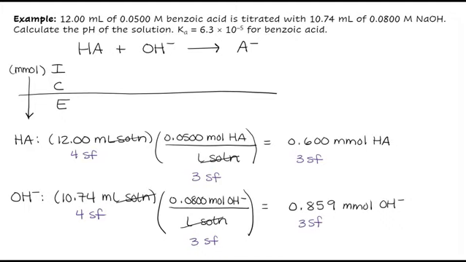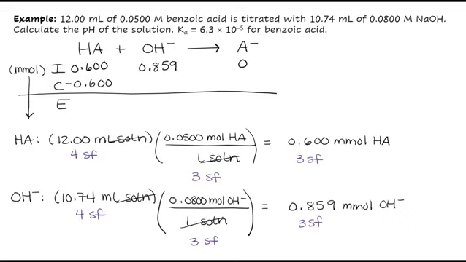Now we can enter these values into our millimole table. We have 0.600 for HA, 0.859 for OH minus, and 0 for A minus. We always subtract the smaller number. In this case, that's the 0.600, so we subtract 0.600. Make sure you're writing all the zeros because we need to be able to keep track of the sig figs from the subtraction in the E row.